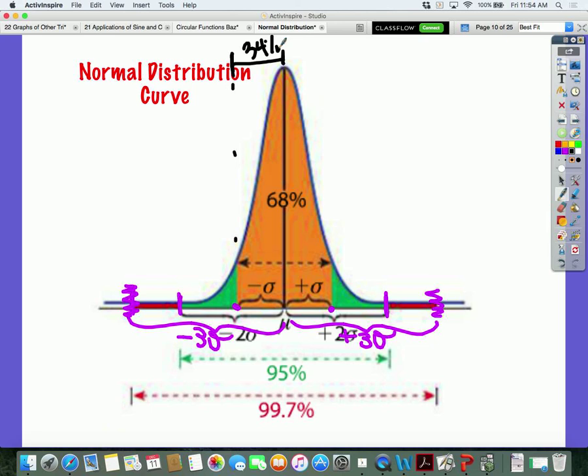The mean cuts that percentage in half. So it's 34 between 1 standard deviation and the mean, and then it's 34 on the other side. From 2 standard deviations to the mean, how much is that? It would be 47.5% on both sides.